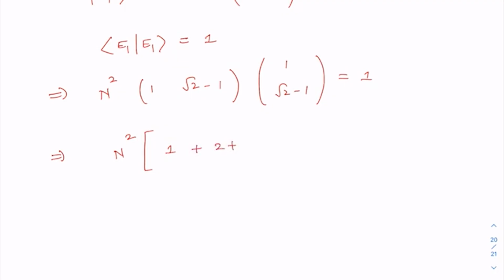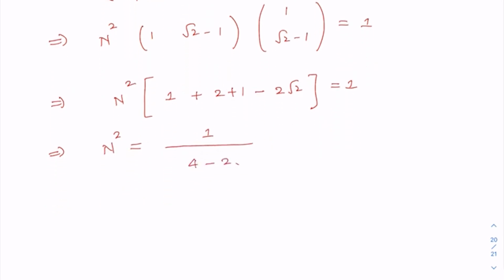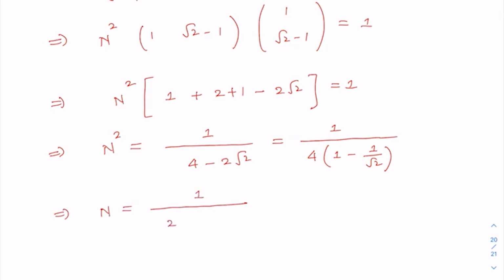So this will give me 2 plus 1 minus 2 root 2 is equal to 1. This means N square is equal to 1 divided by 4 minus 2 root 2, which I can write as 1 by 4 times (1 minus 1 by root 2). This means N is equal to 1 by 2 times (1 minus 1 by square root of 2) to the power half.